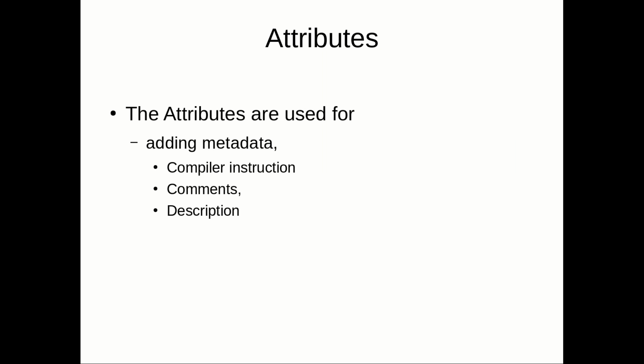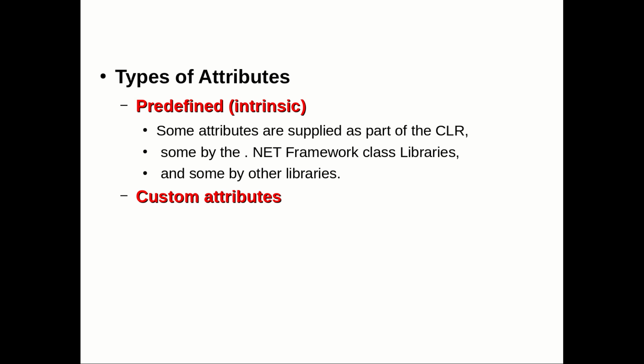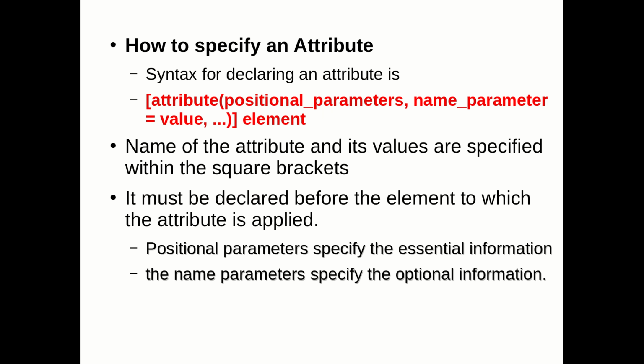Why are attributes used? Then what are the different targets, or the different elements to which an attribute can be associated? Then we have seen two different types of attributes, predefined and custom defined attributes. Now we are going to discuss how to specify an attribute. What is the syntax for declaring an attribute?